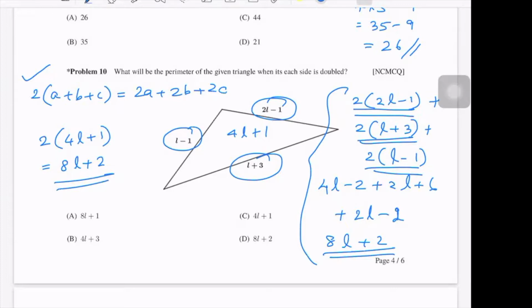Just look at the options. There is a hidden clue in the options. What is that? Please think.